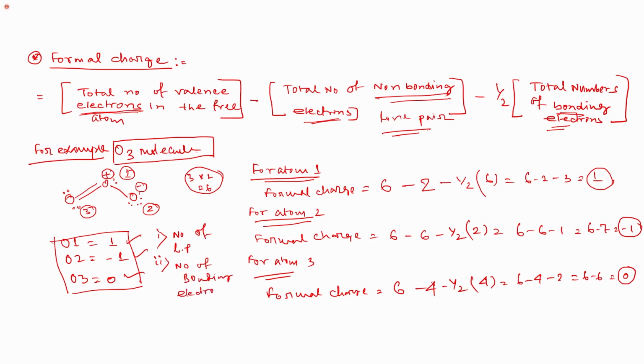If you calculate the number of bonding electrons, from that you can also calculate the number of bonds, how many bonds this oxygen atom is actually making with the other atoms. So this is the formal charge, and in this way you have to calculate it, and from that value you can calculate the number of lone pairs, bonding electrons and bonds.